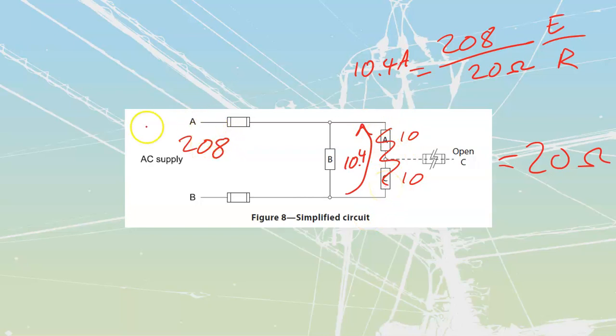I see that I've got a voltage of 208 volts that is pressed across them, so I can figure out my total wattage of both of these together by using the total current through both of them and the total voltage across. This is 208 multiplied by 10.4.